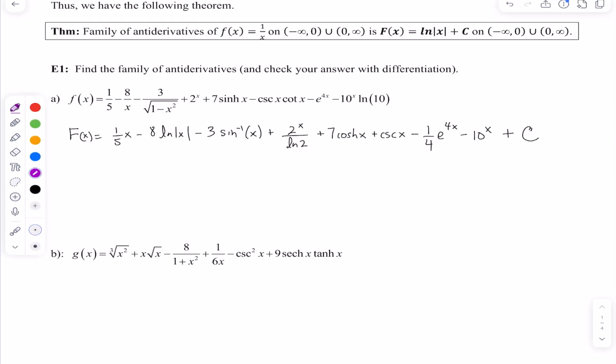Let's check our work by making sure that our facts are correct. So I'm going to take the derivative of capital F of x with respect to x.